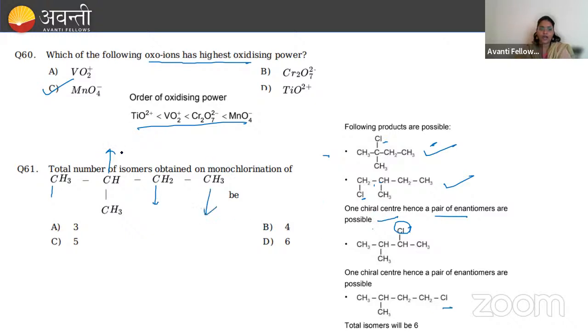All the four carbon positions I have used: this is 1, this is 2, this is 3, and this is 4. The carbon which is chiral is this one, having one CH3, this isopropyl group, chlorine and hydrogen. This is a chiral compound. That's why 2 isomers will be present here, D and L. So 2, 3, 4, and this is 5. One chiral center here again.